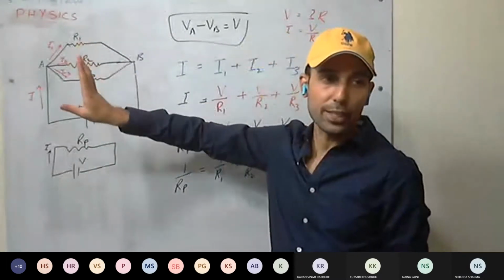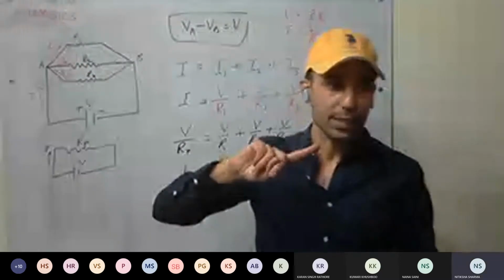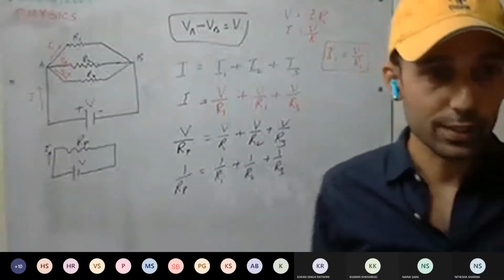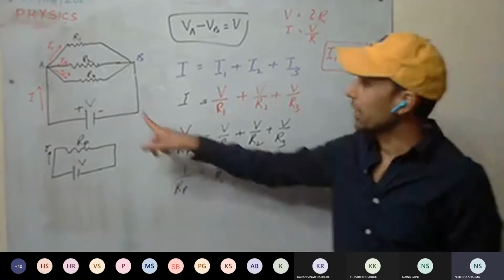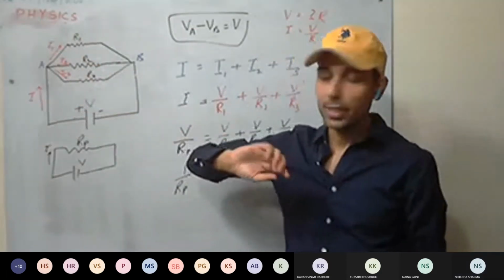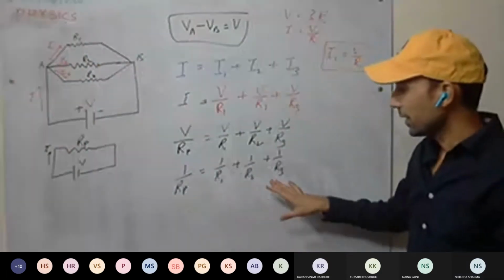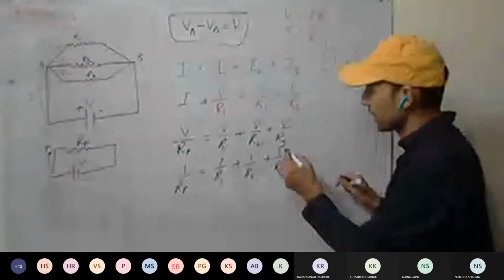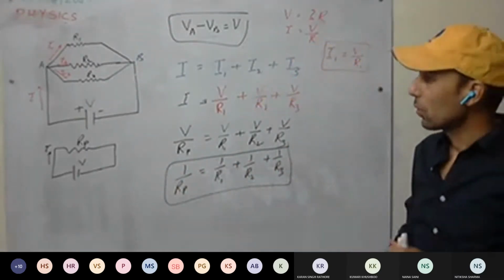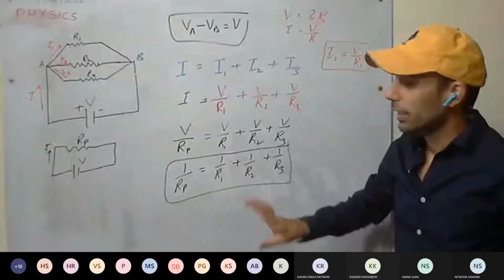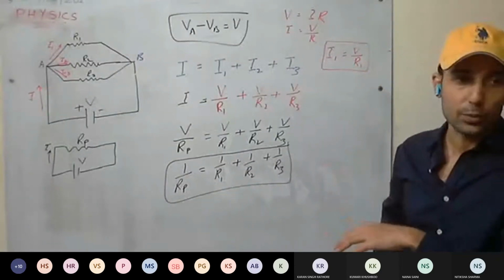Depending on their values only. So we'll take an example after some time. If you don't understand, ask. This is clear, equivalent resistance offered. Okay, so we'll take an example, then it will get more clear.